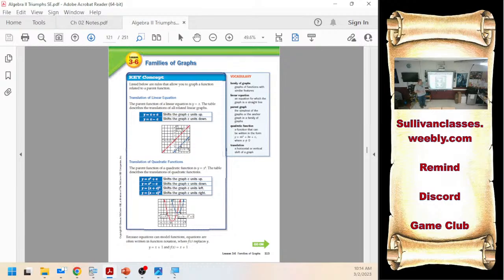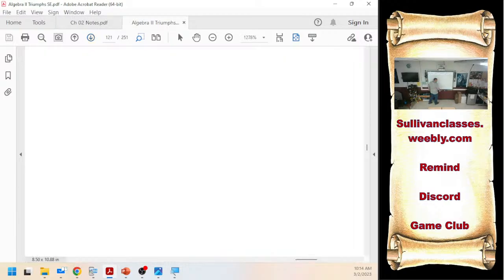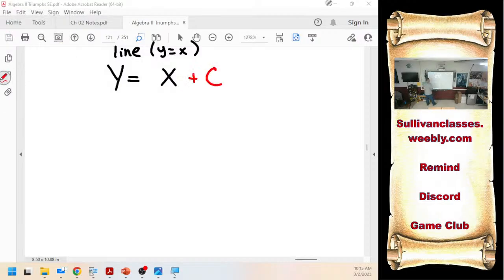Our transformations for our graph, we all wrote it here. Did everyone actually put it? I hope. Was that if I start with a line, which is just good old y equals x, that's grandma, that's the matriarch, that's the parent function. I'm going to change it by saying y equals x plus c.